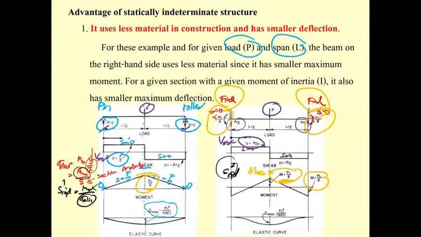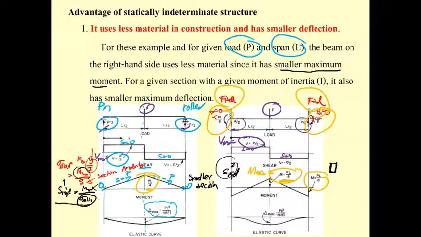So the section of this beam will have a smaller section modulus by a half. Then it has smaller moment, so we have the smaller section.